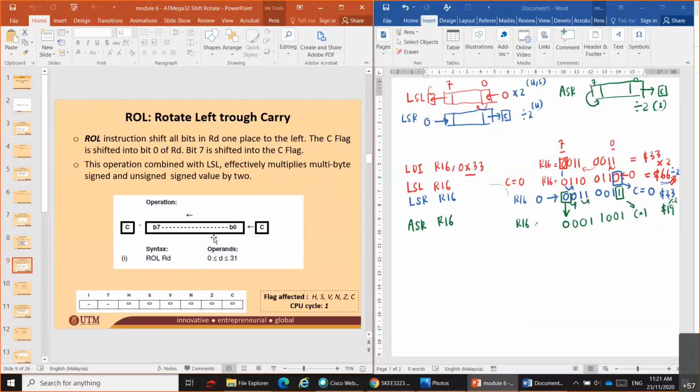For the ASR, the sign bit won't change. Then how does overflow occur? For that one, I need to run it in AVR Studio to see whether for the ASR the V flag is changed or not, whether the overflow occurs or not. I need to double confirm the overflow flag for the ASR.